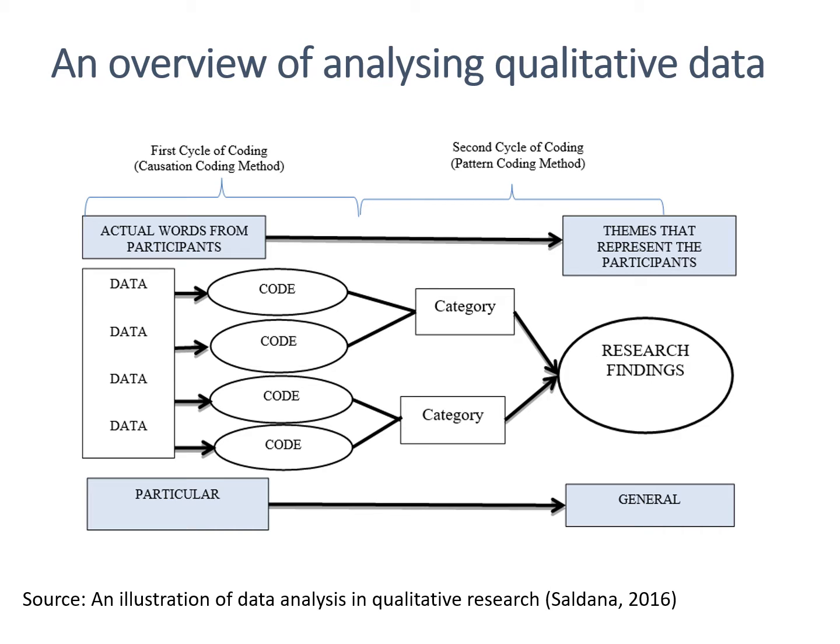The purpose of the second cycle of coding is to categorize codes into similar categories. And then finally, based on the codes and categories, the researcher can come up with findings for their research.